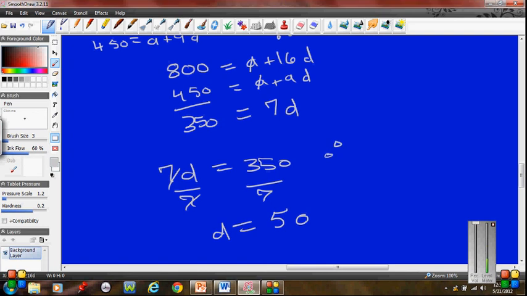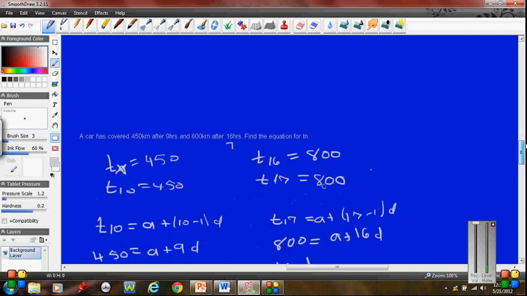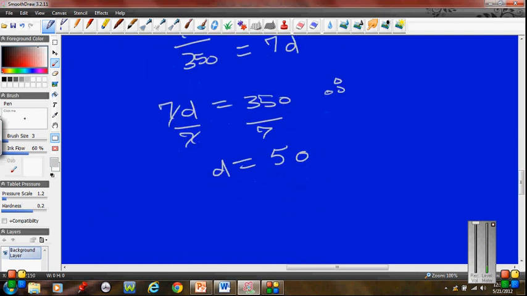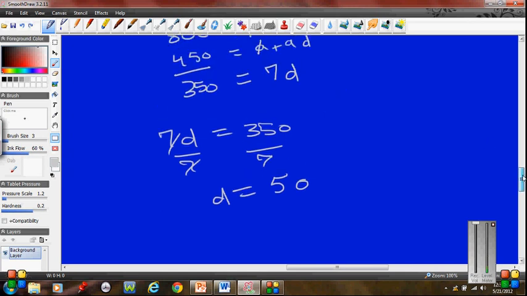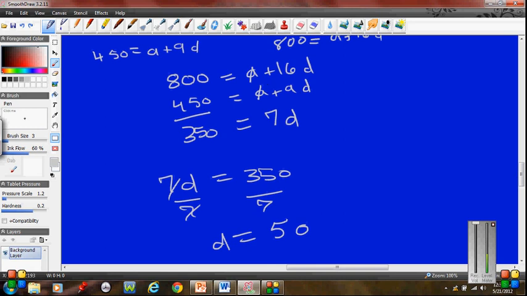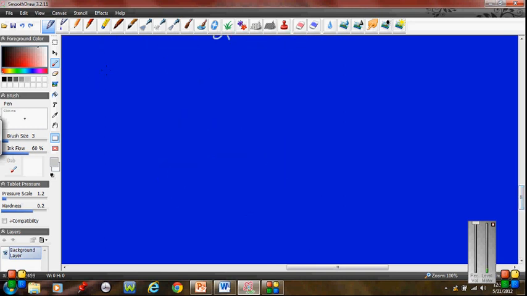Alright, so therefore, let's look at our question and answer it correctly. Oh, actually, we're not finished yet. Okay, so now that we have our D value, we bring down any one of these. Let's bring down the second one as it's smaller. We have 450 is equal to A plus 9D. 450 is therefore equal to A plus 9 times 50.